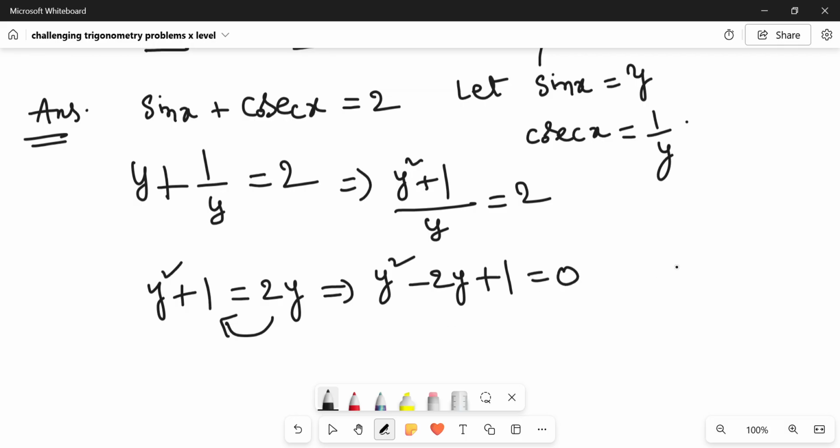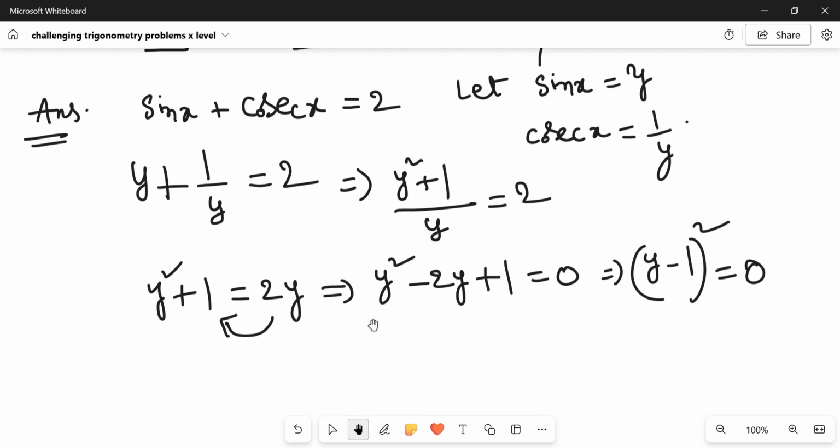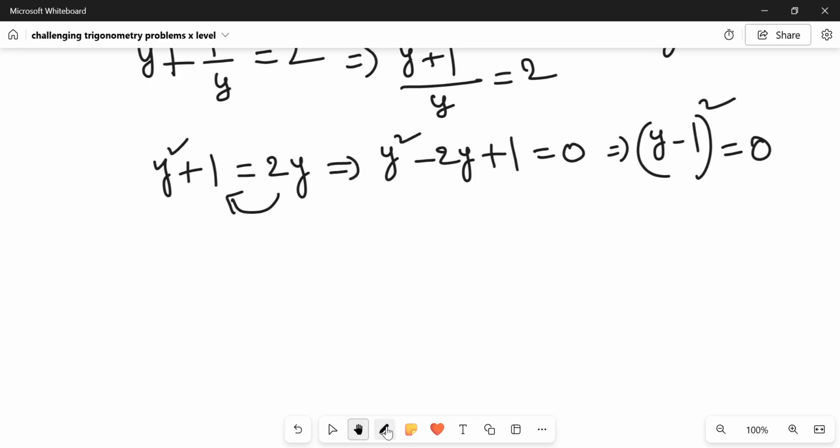Y square minus 2y plus 1 is nothing but y minus 1 whole square, which is equal to 0. What does that mean? The value of y is obviously 1. So you are getting coincident roots for this quadratic equation. So y value is 1.